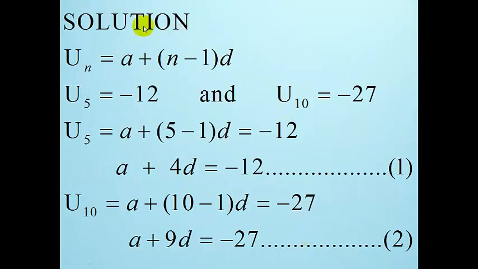Now solution. We know that for a linear sequence, the nth term is given by Un equals a plus (n minus 1)d, where a is the first term, n is the number of terms, and d is the common difference.